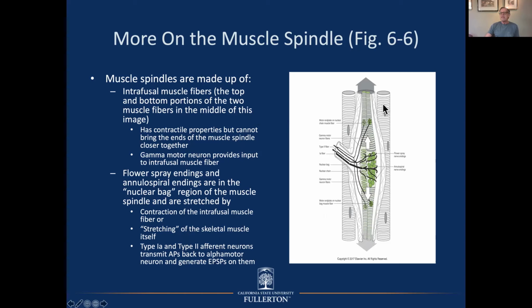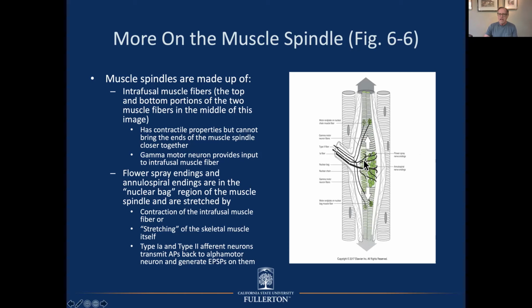Well, for example, let's take the example of the stretch reflex that's generated by the tap of the hammer on the patellar muscle within the knee. That hammer hits this and it stretches it. Now, it stretches it such a small amount, you think, well, how can that do anything? But it does. It stretches it, and in turn, it stretches this nuclear bag region and the two kinds of endings that are in it.